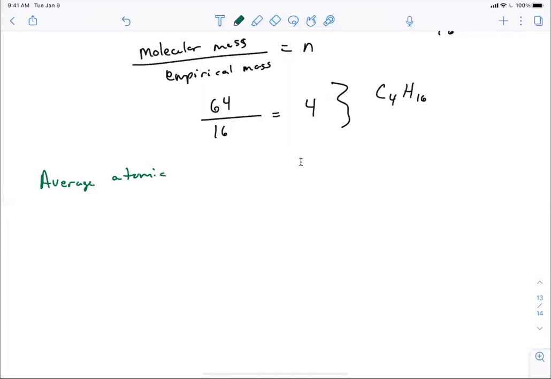While I'm here, average atomic mass. I don't know how I forgot that calculation. When you have different isotopes with different abundances, you can solve for the weighted average, or the average atomic mass, based on those abundances. Let me look up a problem real quickly and I will just use that.